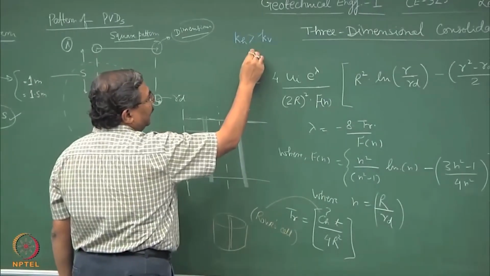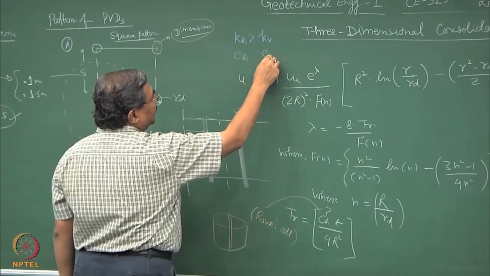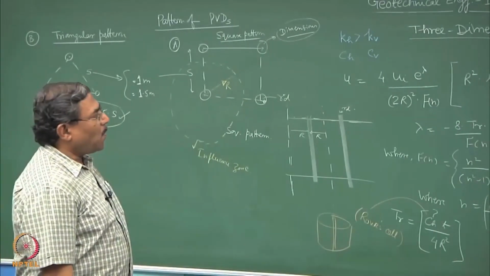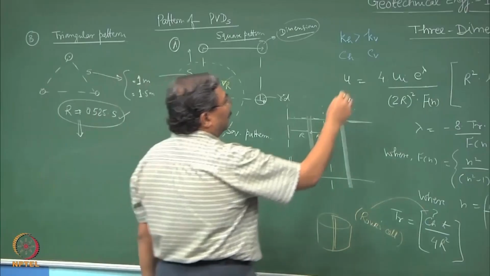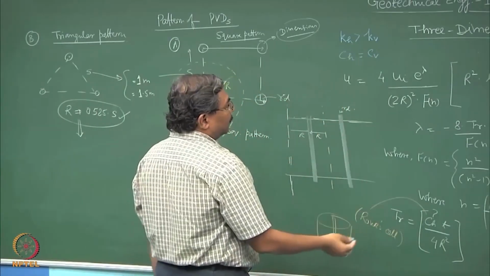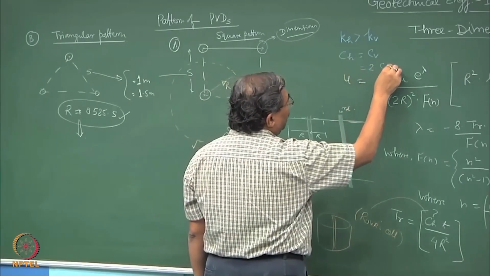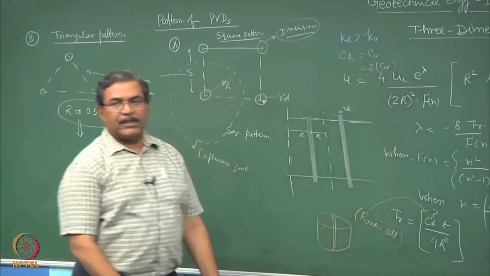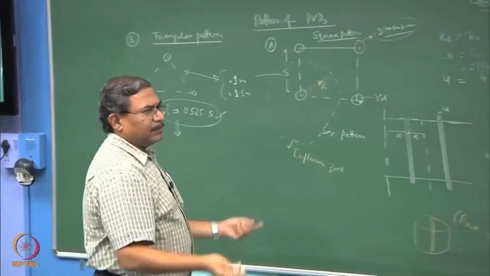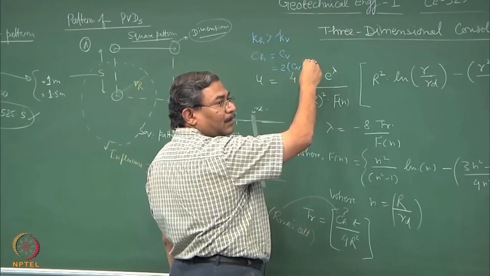So, truly speaking, the Kh and Kv relationship can be extended to Ch and Cv also. For some types of soils, Ch is equal to Cv. For other types of soils, normally we take Ch equal to 2 times Cv. Radial consolidation is 2 times the vertical consolidation assumption.